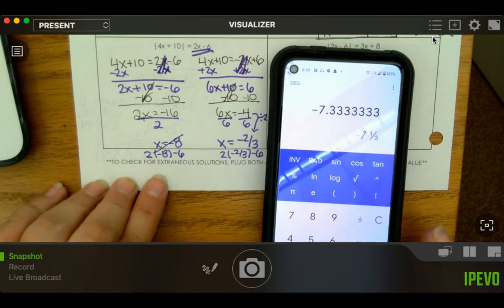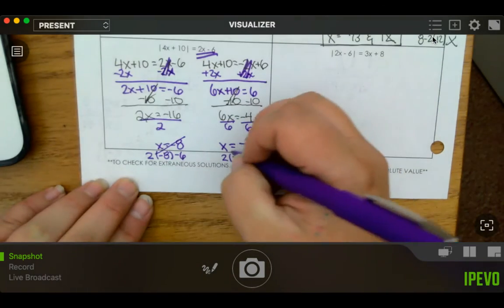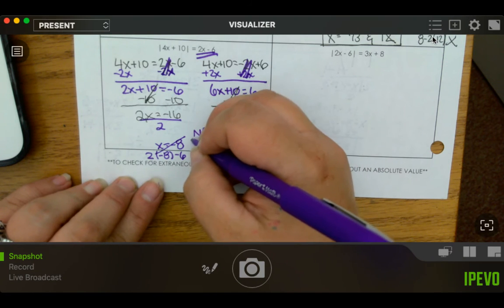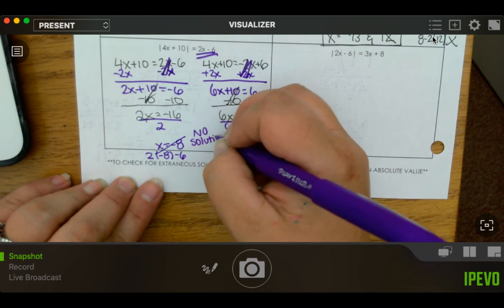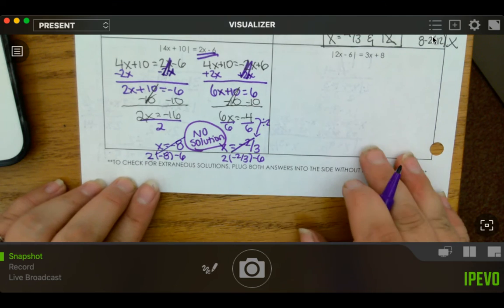My calculator does that in kind of a funny way. Negative 7 1/3. Guess what, guys? We did all of that work for no reason, because this one ended up having no solution, because they both canceled out.